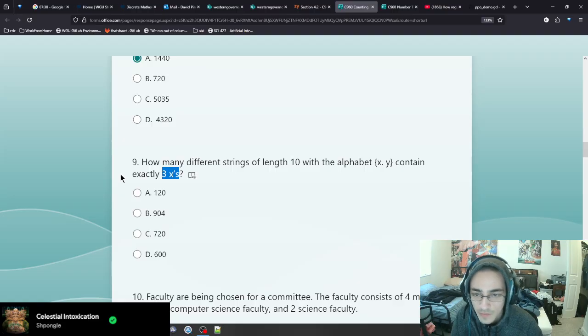Or wait, how many different strings of length 10, with exactly 3 X's? I think it's just the permutations of the X's, because then you're just left with the Y's, which makes them all the same. So you don't have to count the Y's, you only count how many different combinations you have with the X's. Permutations? No, what is it? Combinations or, wait.